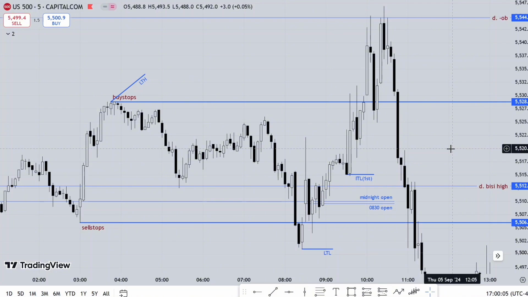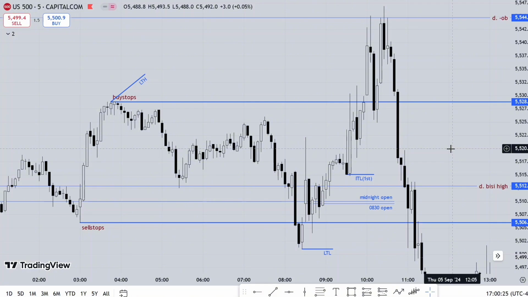You can make use of an immediate rebalance, a breaker block, a mitigation block, but for the hierarchy of PDRAs, the order blocks and the fair value gaps are paramount. The imbalances and the order blocks are paramount.